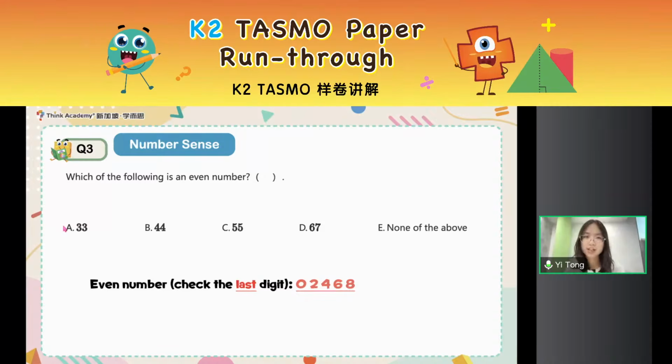A, what's the last digit? 3. No, it's not. So we don't want A. Now, look at B. B, last digit is what? Last digit is 4. Yes, 4. Show me 4 fingers. All right, so 4, is it an even number? Yes, it is. We see 4. So our correct answer is B. Right, let's move on.